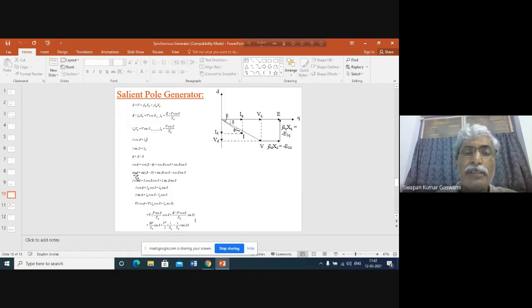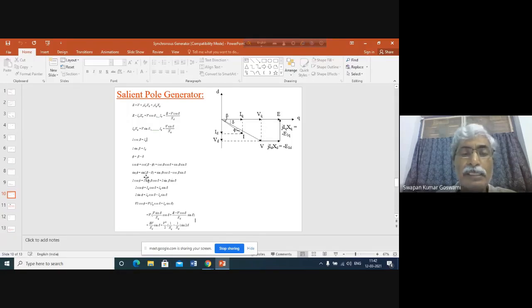Similarly, what is sine phi? Sine phi will be required when we derive the expression for reactive power. So sine phi is sine of beta minus delta, means sine beta cosine delta minus cosine beta sine delta.